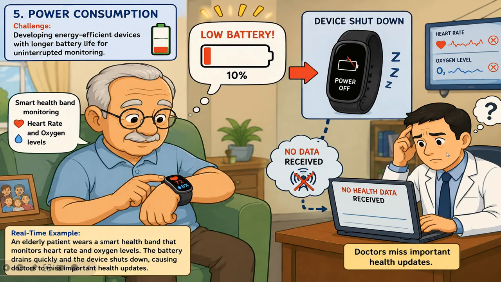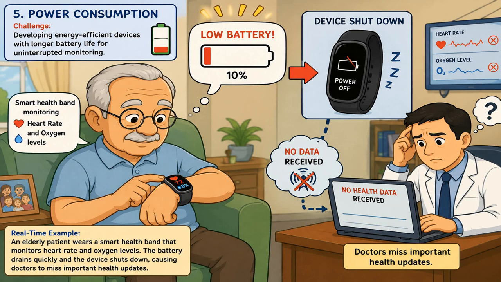So here a doctor is shown monitoring the patient information on a computer. Because the wearable device has shut down, the doctor receives no health updates. So the missing critical health information may delay medical decisions and increase the health risk, especially for elderly patients or those with chronic diseases.